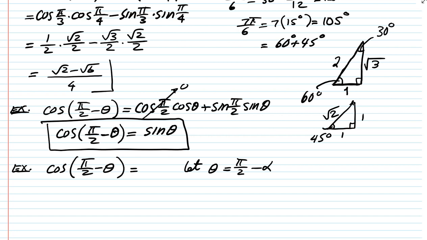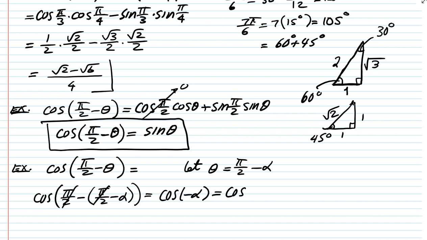Now, if I do this, then I get cosine of pi over 2 minus theta is pi over 2 minus alpha. And this is going to give me cosine of negative alpha, which is the same as cosine of alpha, isn't it? Or sorry, this is fine, but I don't want to do it this way. Yeah, that is fine. I'll keep that one.